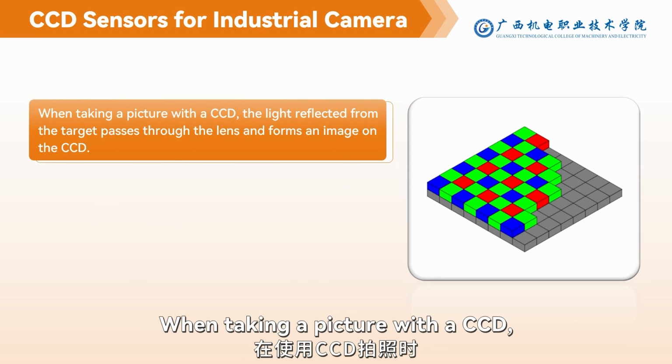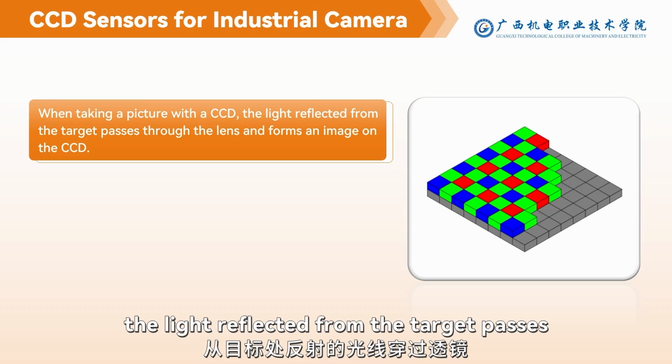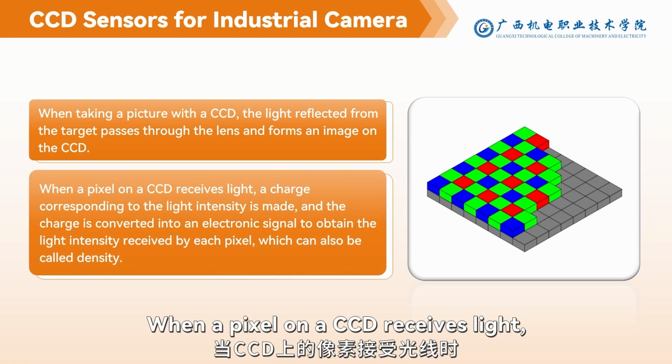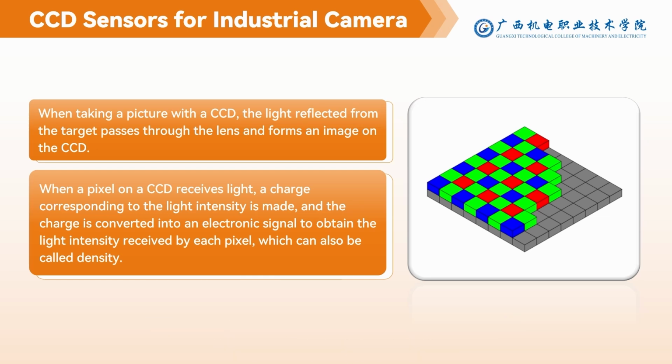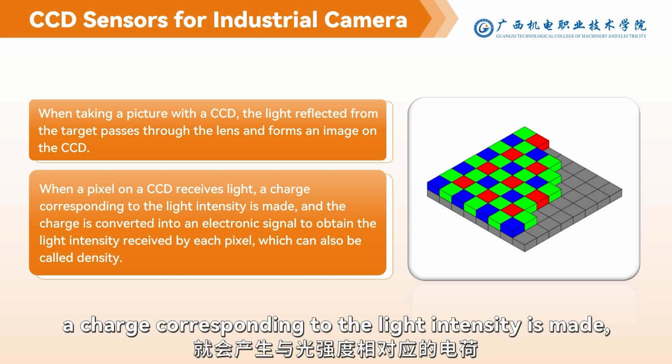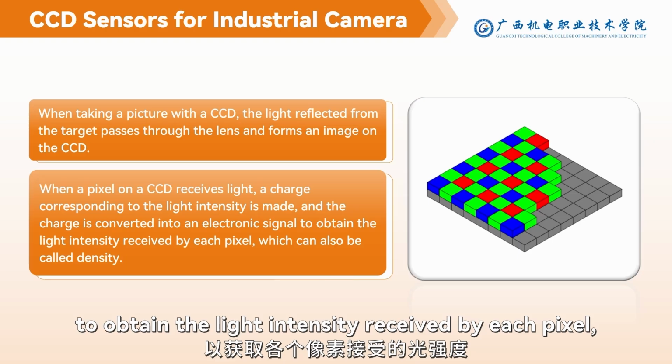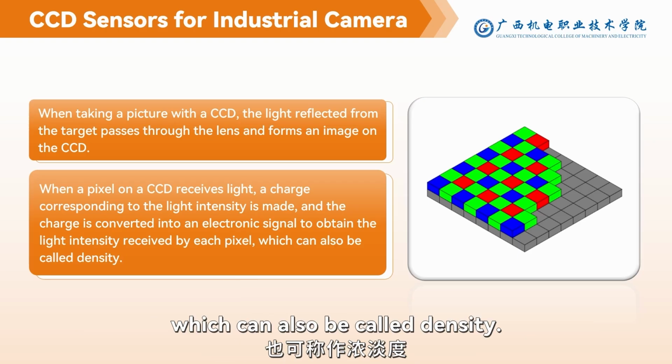When taking a picture with the CCD, the light reflected from the target passes through the lens and forms an image on the CCD. When a pixel on a CCD receives light, a charge corresponding to the light intensity is made, and the charge is converted into an electronic signal to obtain the light intensity received by each pixel, which can also be called density.